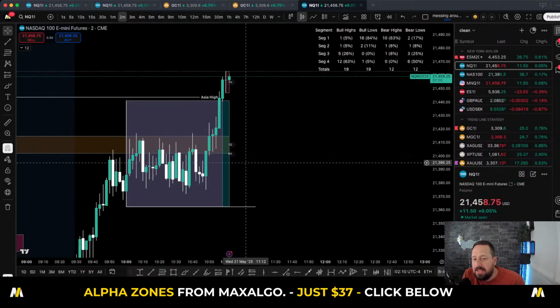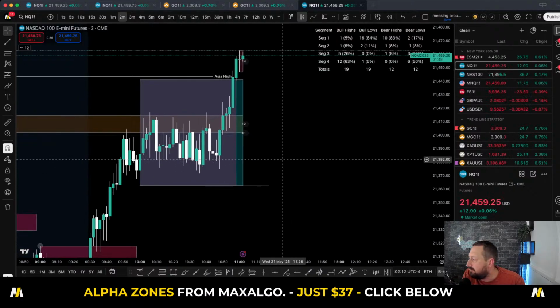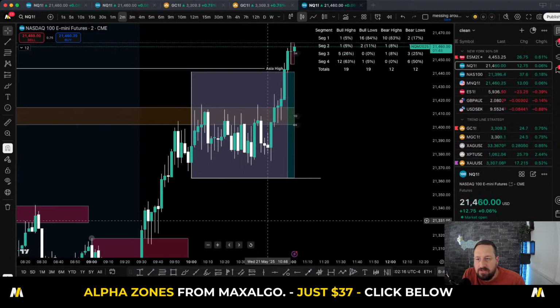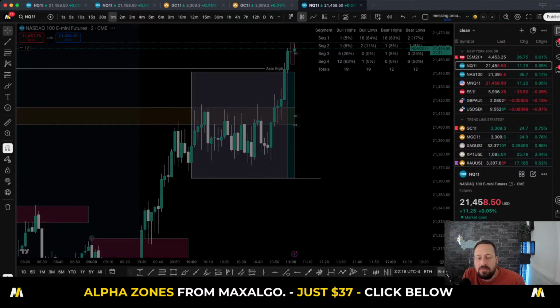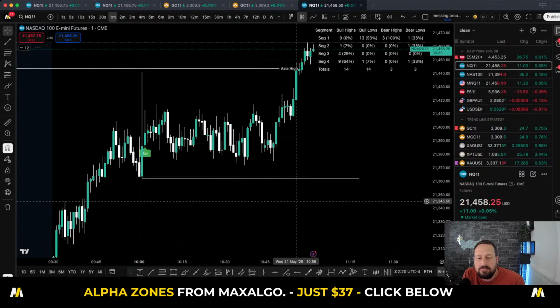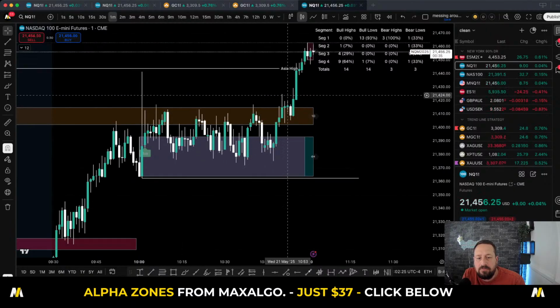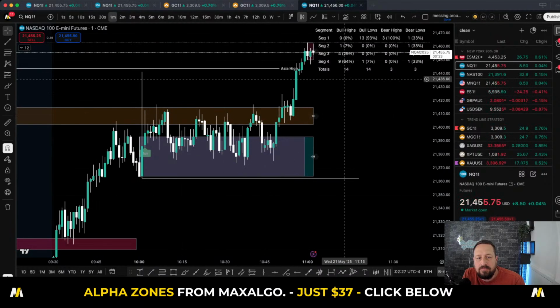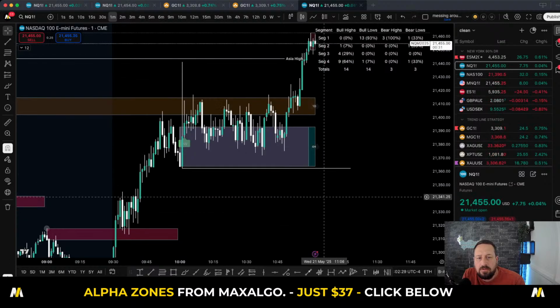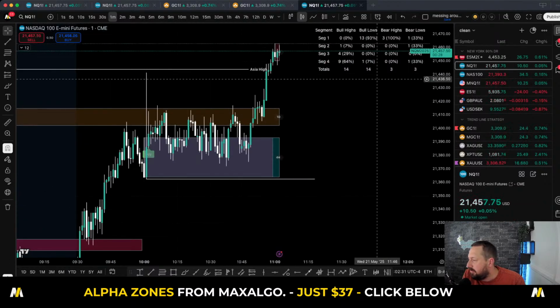And I feel like it keeps it nice and simple, right? We're looking for that support and resistance. Break, retest, and away. And then we've got data behind us to back us when we're trading.